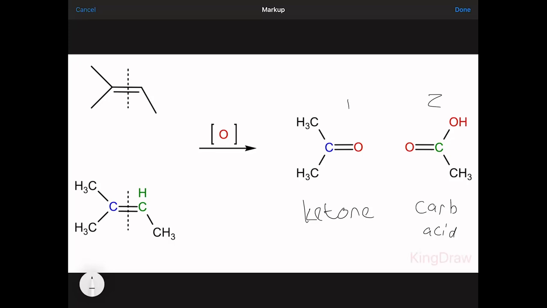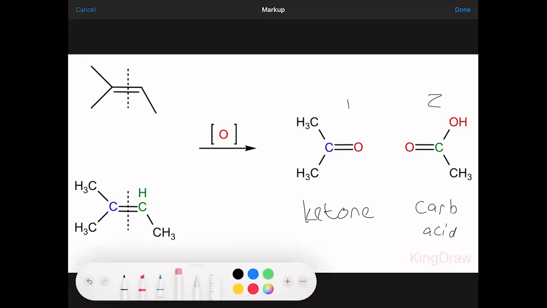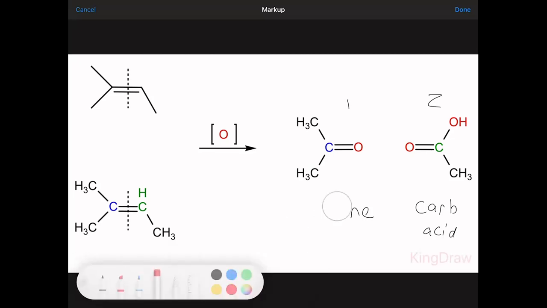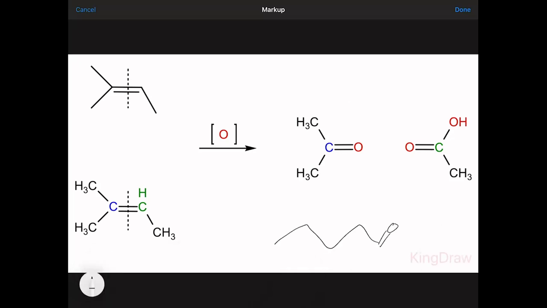So the only difference between an aldehyde and a ketone is on which carbon the oxygen is? Correct. If you've been going over this daily, you would have realized that your aldehyde always has the double bond O on the last carbon. So your aldehyde would be this one over here.